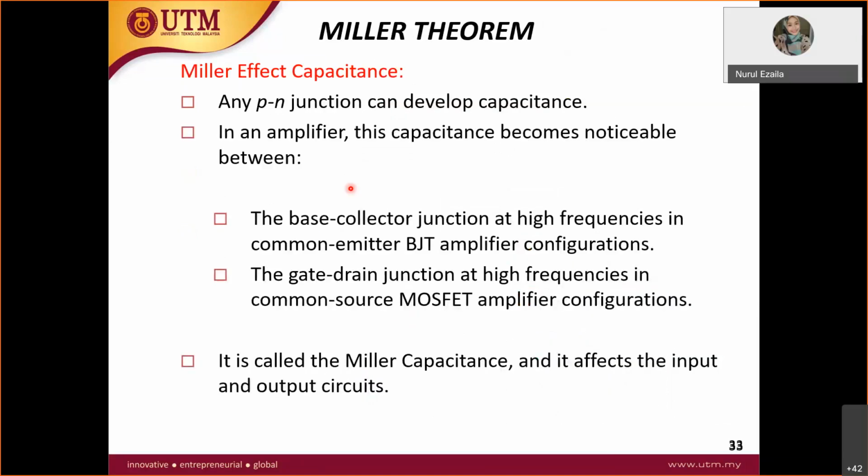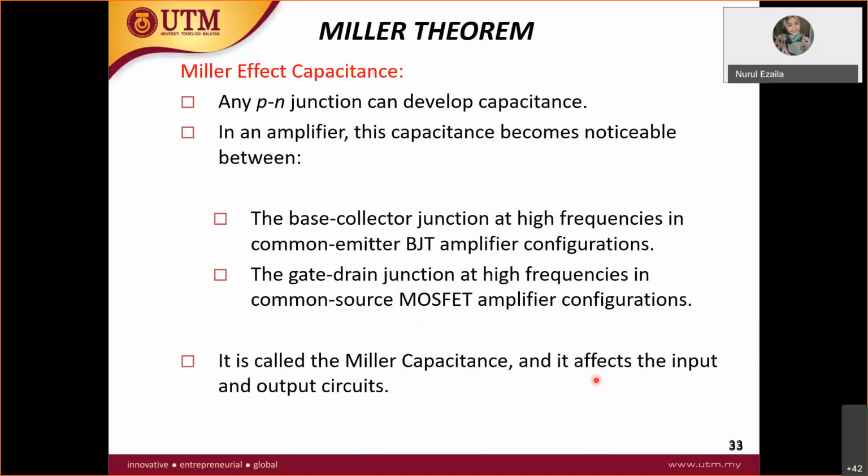In an amplifier, this capacitance becomes noticeable between the junctions. We call this the Miller capacitance. For BJT, there is capacitance between junctions. The next topic after BJT is MOSFET, which also has internal capacitance between junctions, also called Miller capacitance.